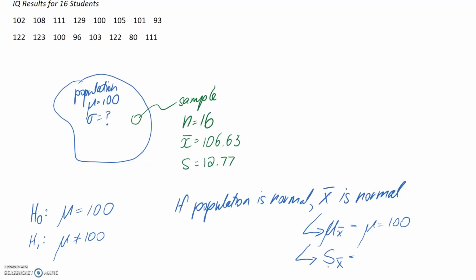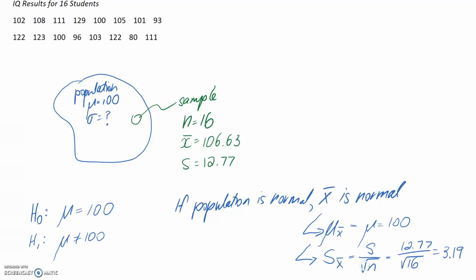And then for the standard deviation of the sample means, this is an equation we need to apply, where it's equal to S divided by square root n, where S is this 12.77 and we divide by the number in the sample, which is 16. So if you type that into a calculator, it comes to about 3.19.